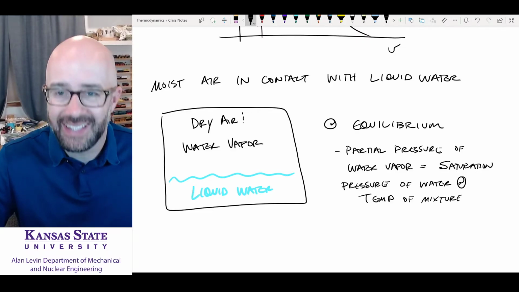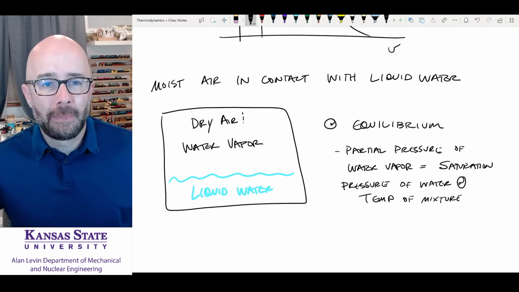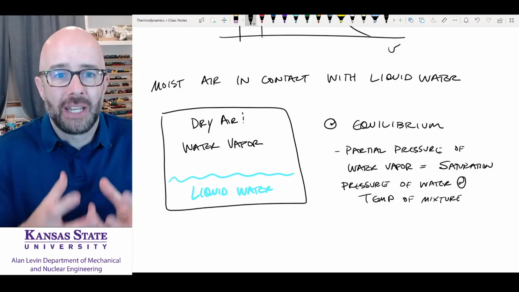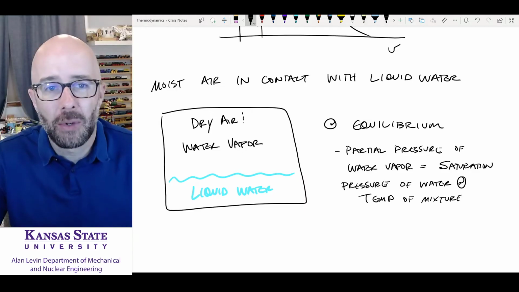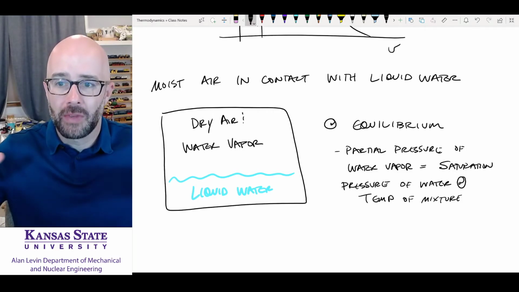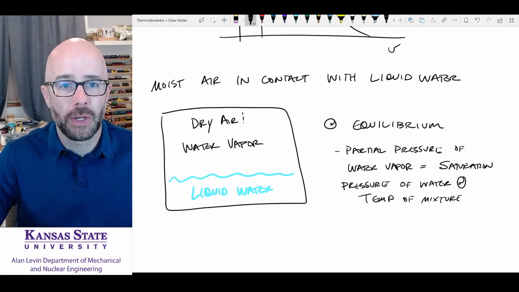What would happen is that the dry air and water vapor would give energy to that liquid water to try to evaporate it until it got as much water vapor into the mixture as it possibly can, until it got to saturation.